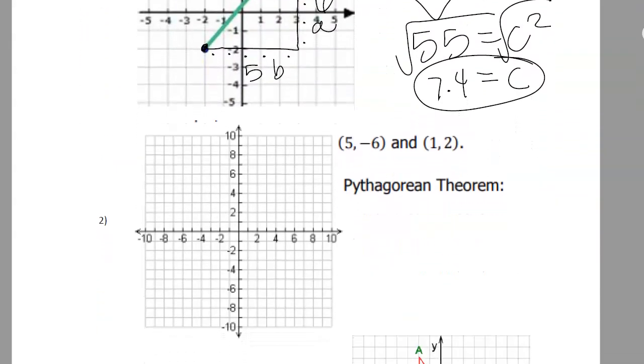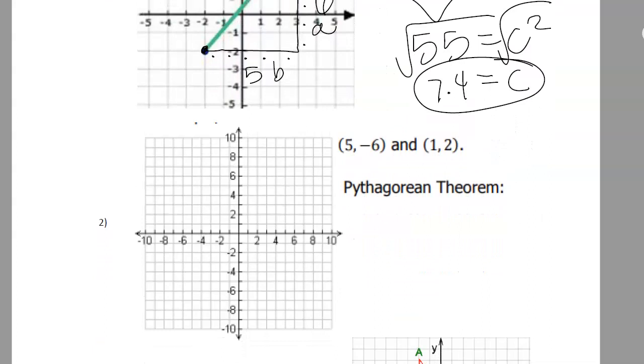You will also get stuff like this, where you're just going to get a blank graph, and what you have to do is plot those points yourself. So you have to find your points yourself. So the x right here, remember the first one is x, the second one is y.